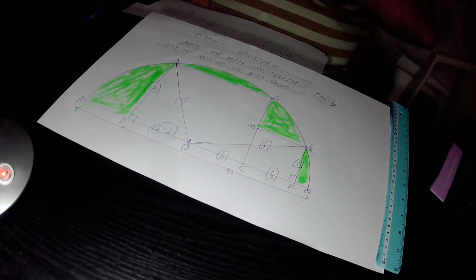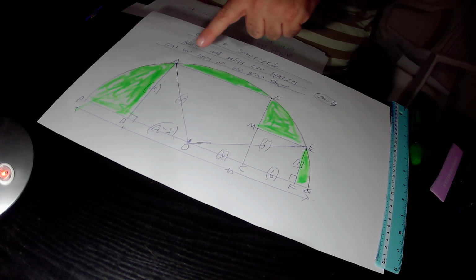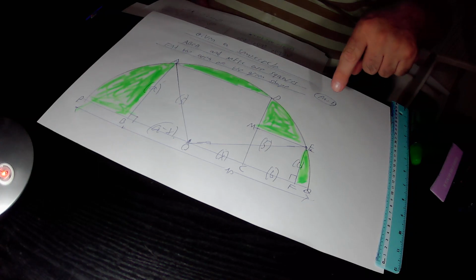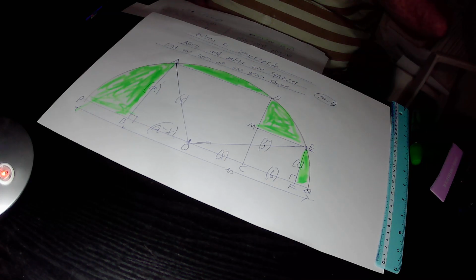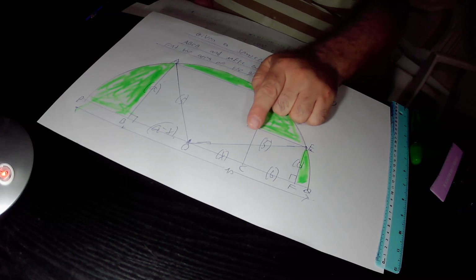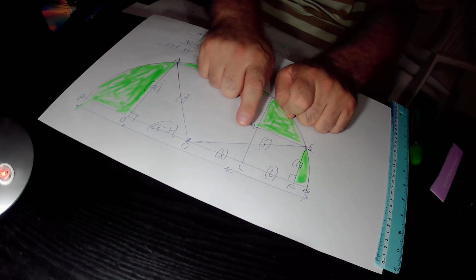In the next step, we define one side of square ABCD as a. We define one side of the small square MEFC as b. We define this line segment OC as x. BC is a.